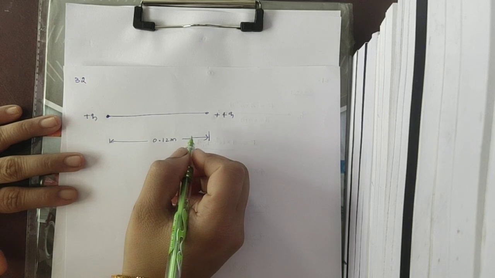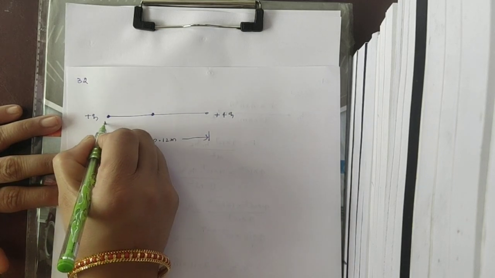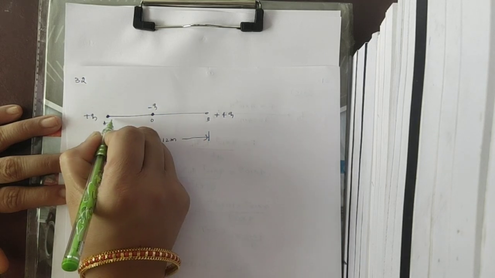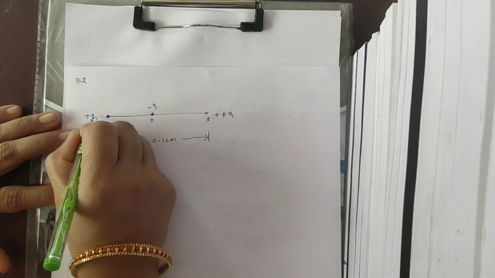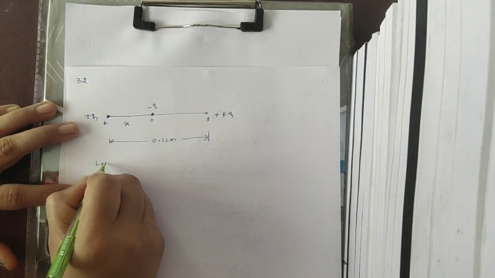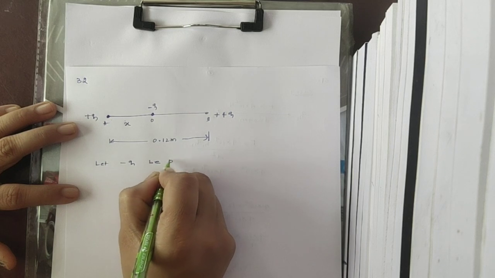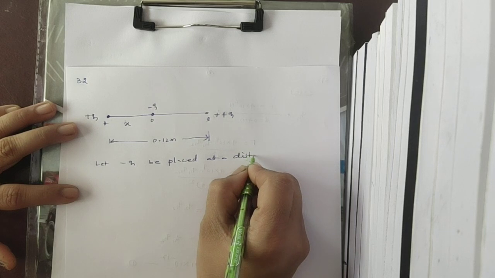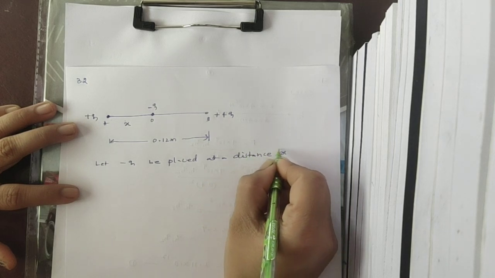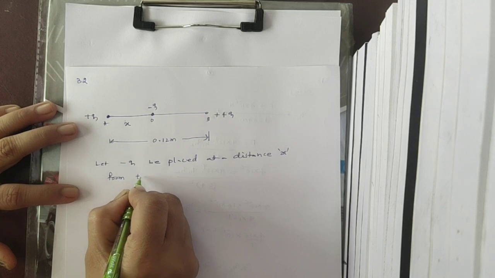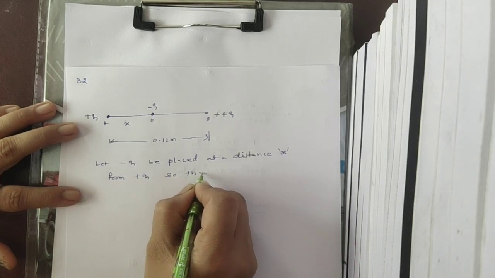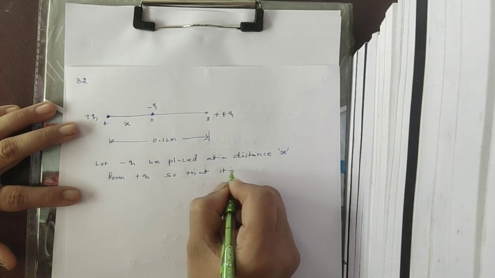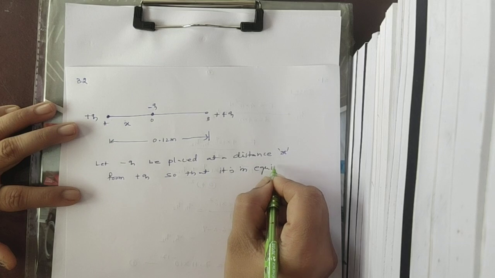Okay. So this I call A, this B, this I take as O. At O I'll place minus q at distance x from plus q. Let minus q be placed at a distance x from plus q so that it is in equilibrium.